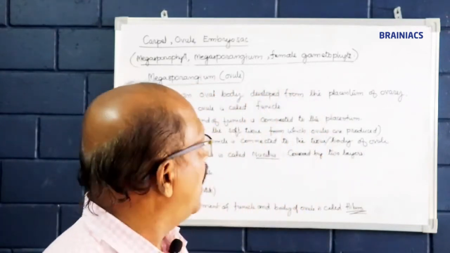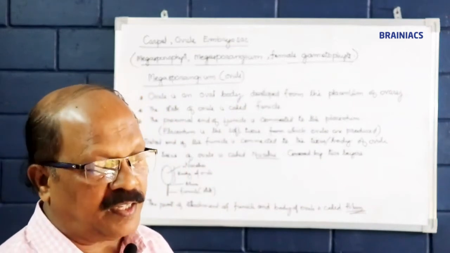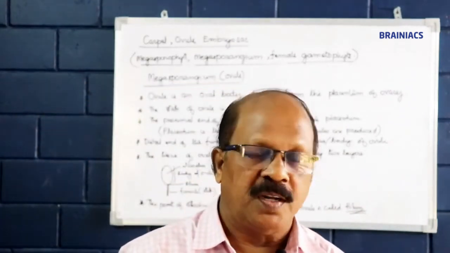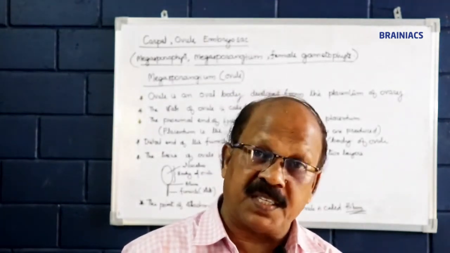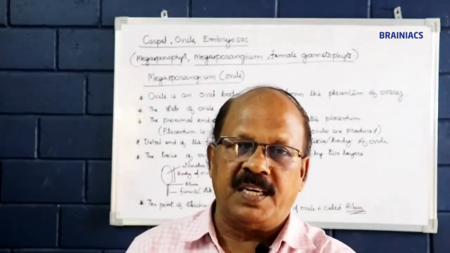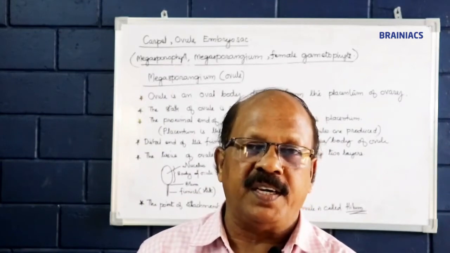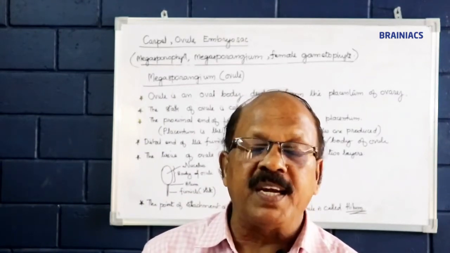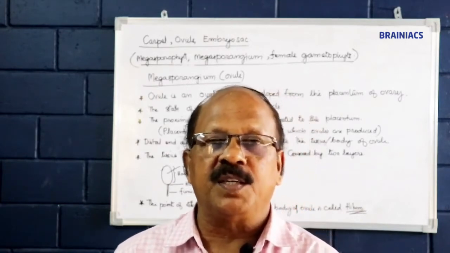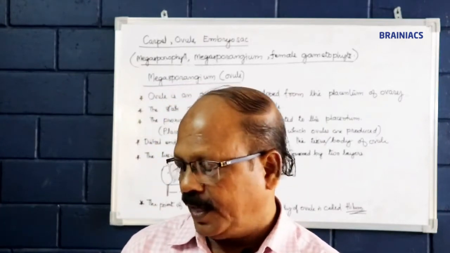From the nucellus of the ovule the embryo sac is developed, which is the most important part of ovule, where inside the egg, the female gamete, is produced, and that is why it is also known as female gametophyte. Female gamete producing structure, female gametophyte.